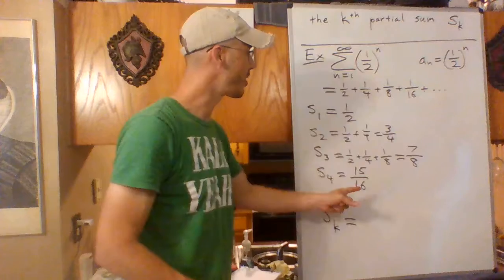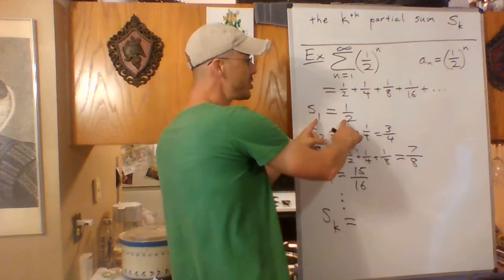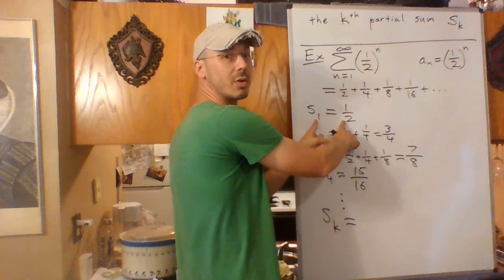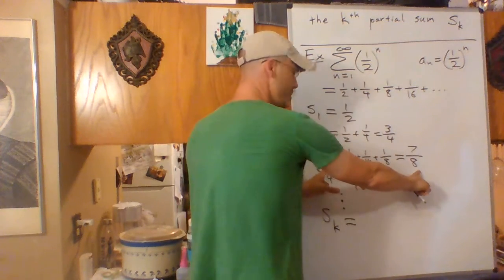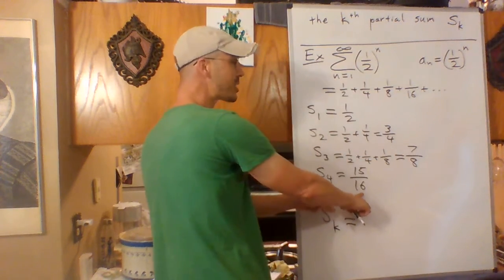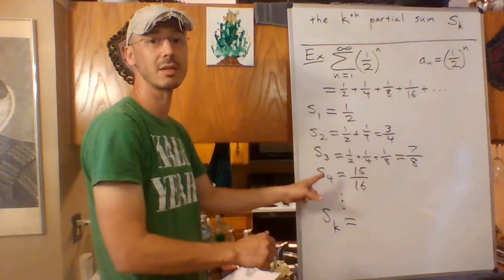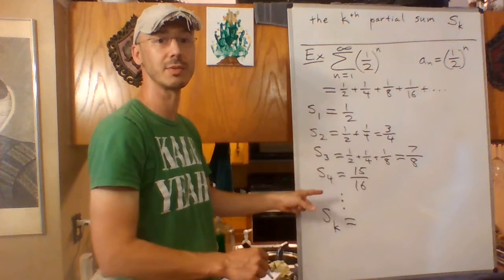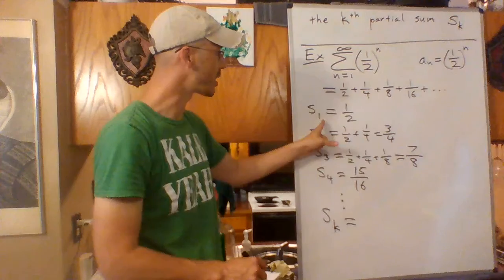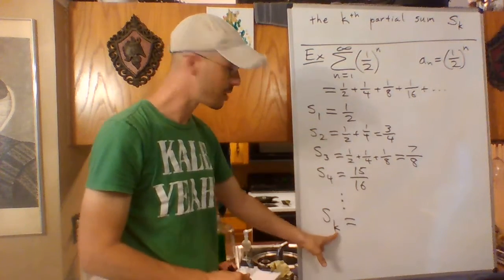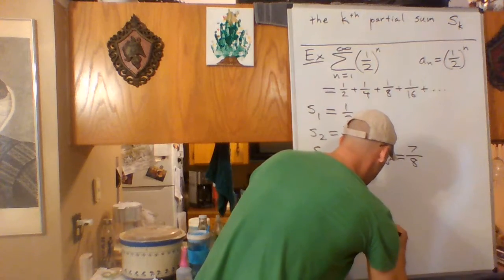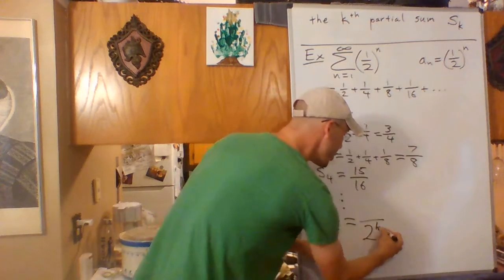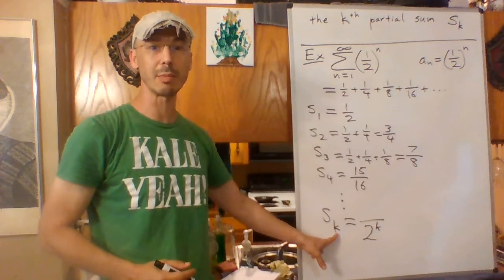That power of 2 matches the index of the sequence of partial sums. So that index, k, is the power of 2 that's in the denominator.